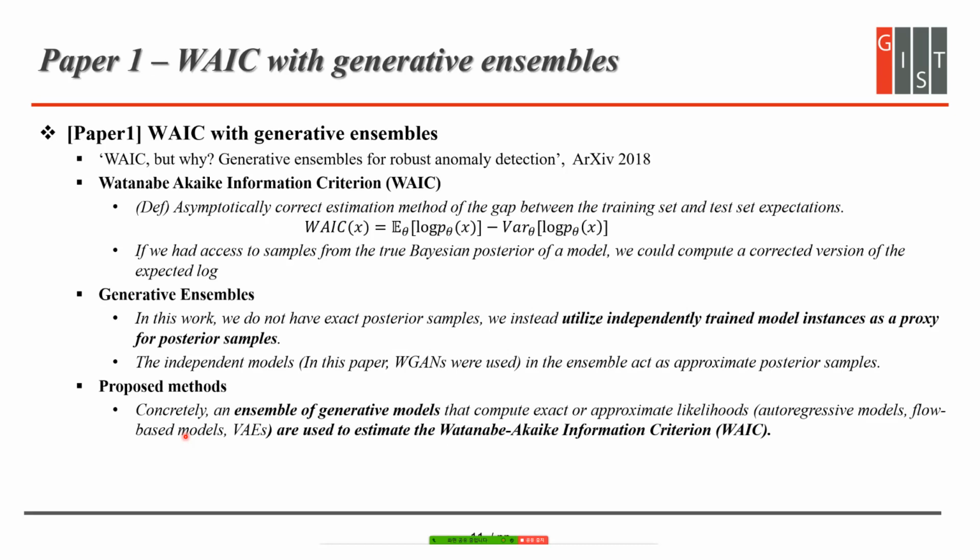So the first paper is the WAIC paper. This paper title is here, and the approach is simple. These WAIC values already exist in the estimation method area, and these values are defined from an asymptotically correct estimation method of the gap between the training set and the test set expectations.